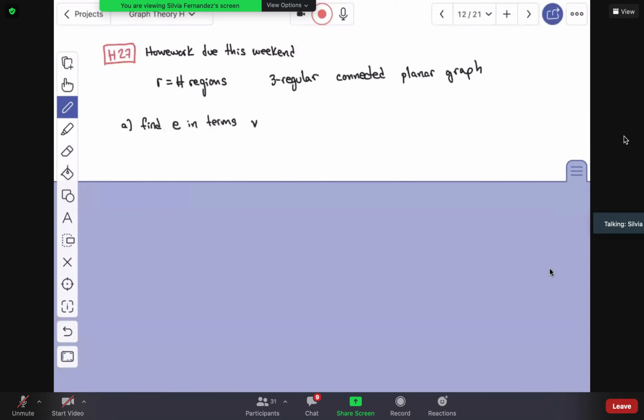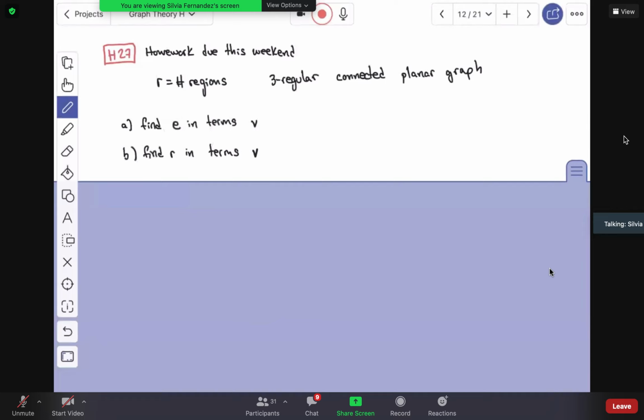They didn't give you either, they only gave you the number of regions, right? And then you have to find R in terms of V. So number of regions in terms of the number of vertices.